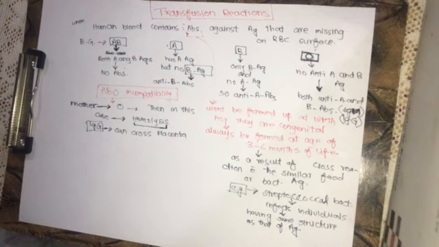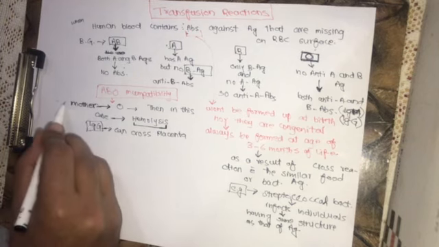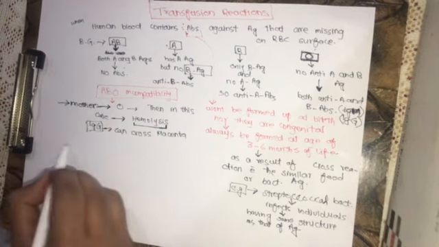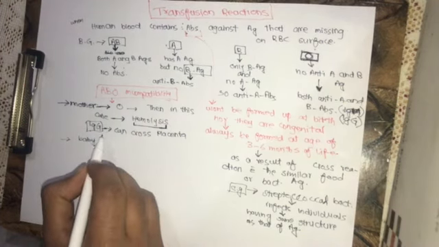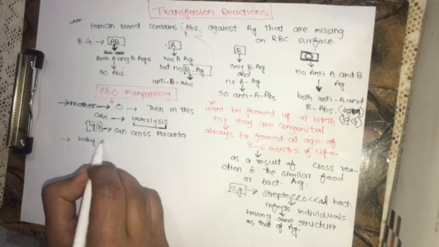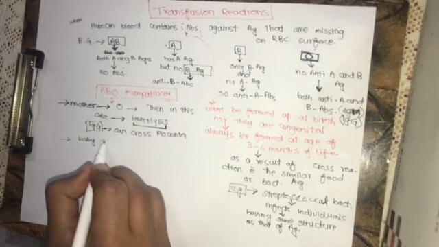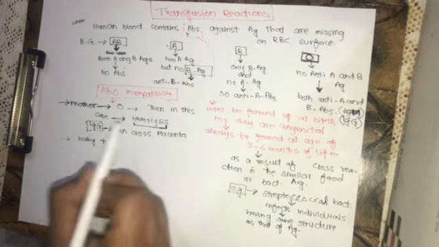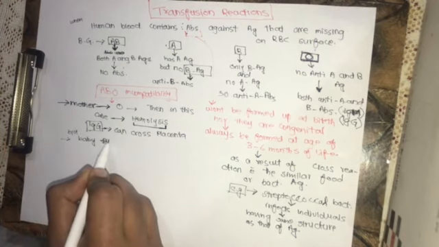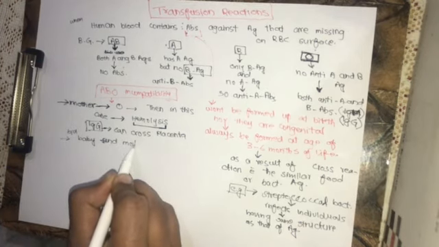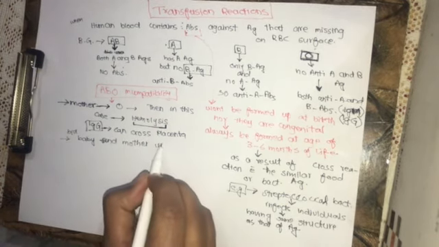Now, ABO incompatibility in the other direction, where the baby has some other blood group and the mother does not have group O, usually doesn't occur.